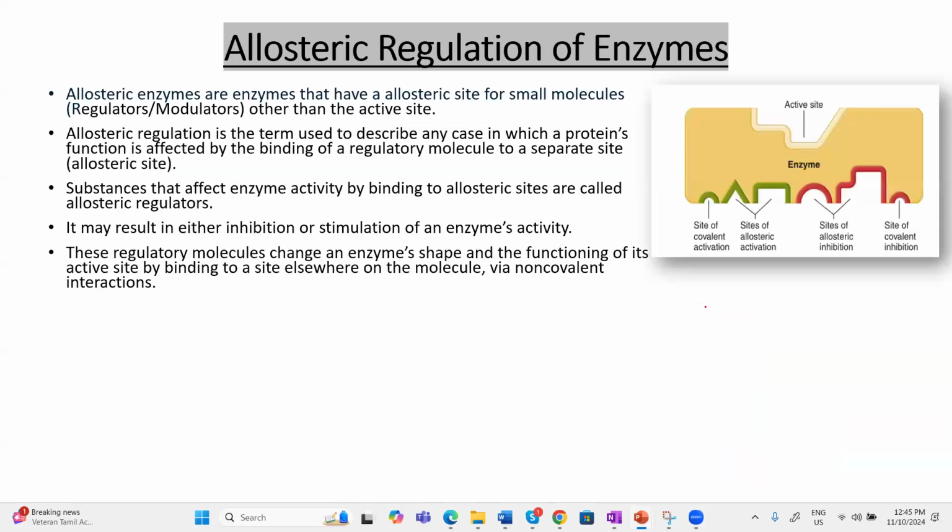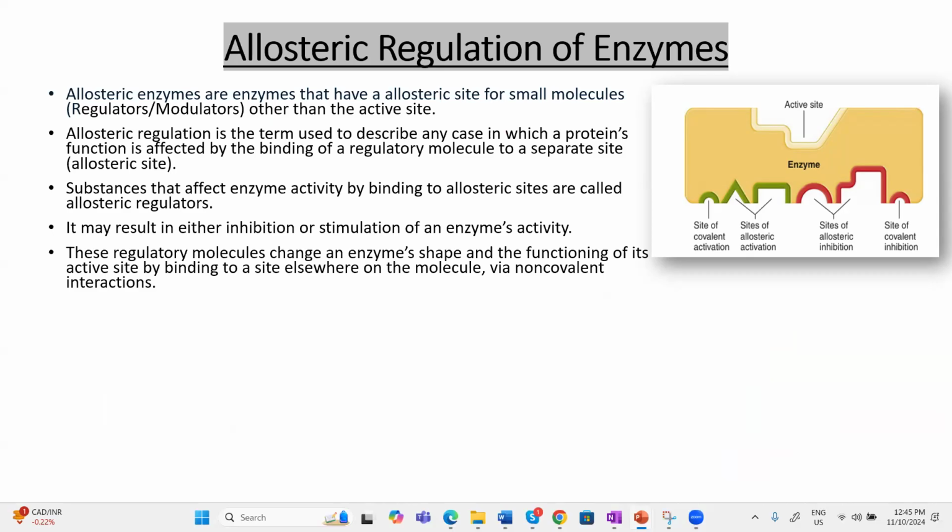Now see next. What are allosteric enzymes? Allosteric enzymes are those enzymes which have, apart from the active site, some other site also. These other sites are known as allosteric sites. Now, allosteric sites can again be of two types.